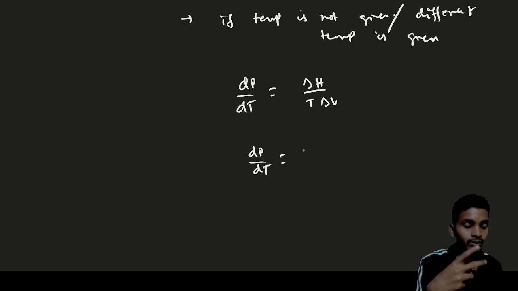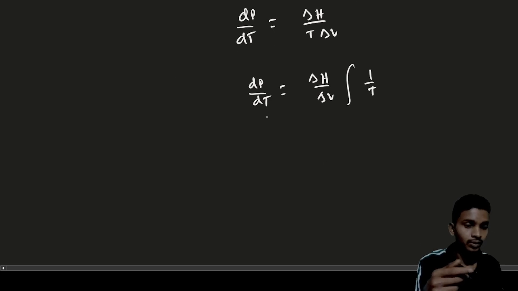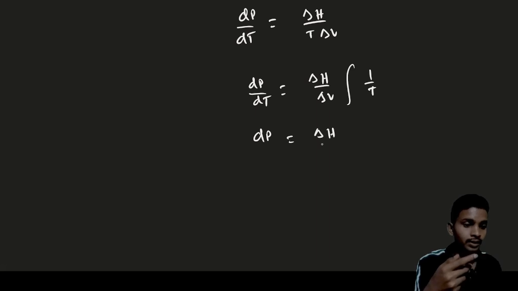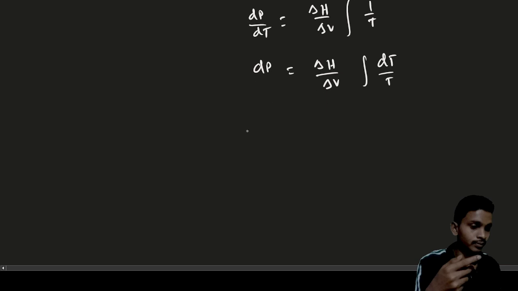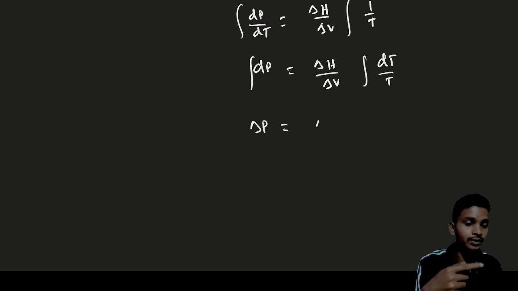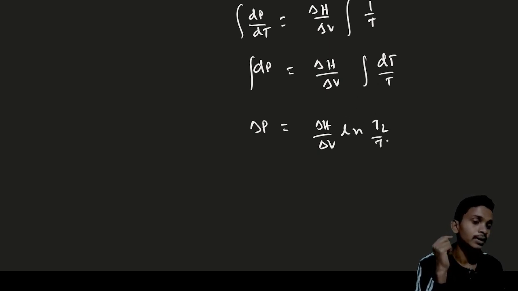So dP/dT = ΔH/ΔV × 1/T, because ΔV is constant and ΔH is also constant, and T is not constant. So I take T to the other side for integration: dP = ΔH/ΔV × dT/T. If I do the integration on both sides, it becomes ΔP = ΔH/ΔV × ln(T2/T1).